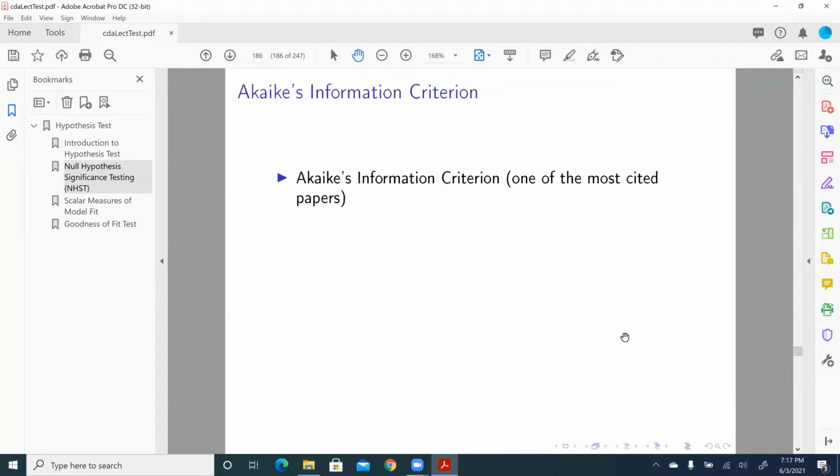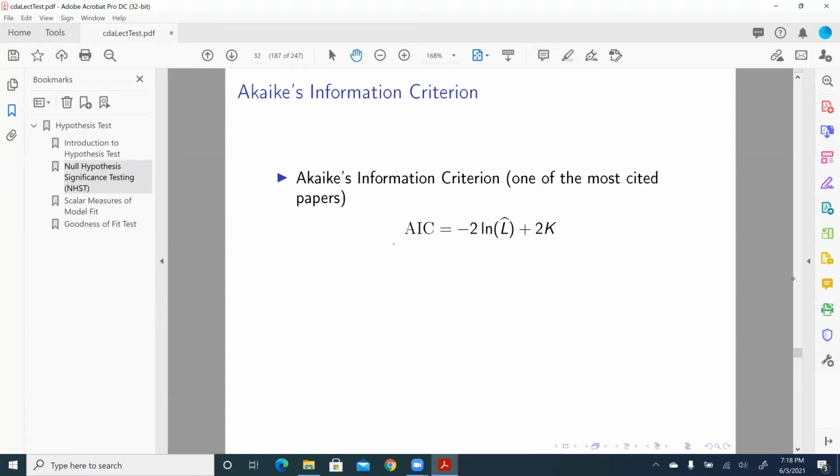Next, I'm going to talk about Akaike's information criterion. Of course, it was published by Akaike, a Japanese statistician, who wrote a paper in, I believe, IEEE, and that paper turned out to be one of the most cited papers of all scientific disciplines.